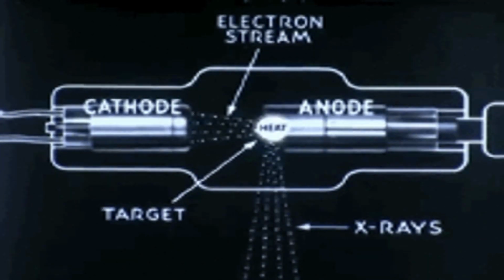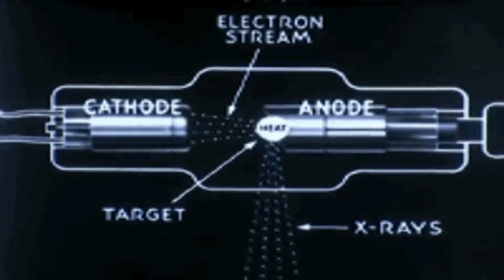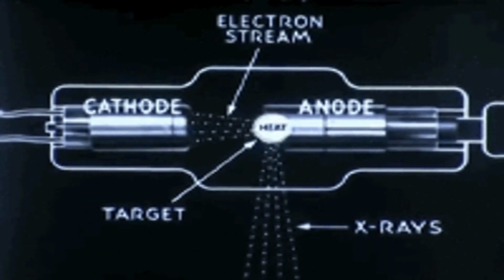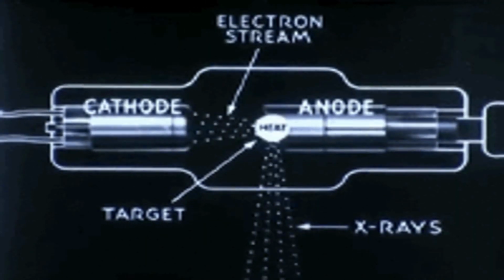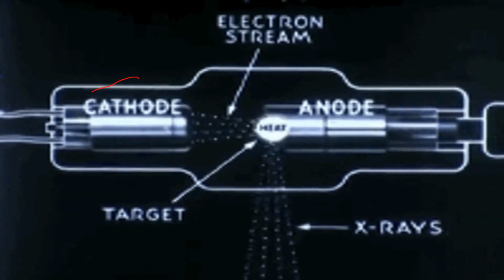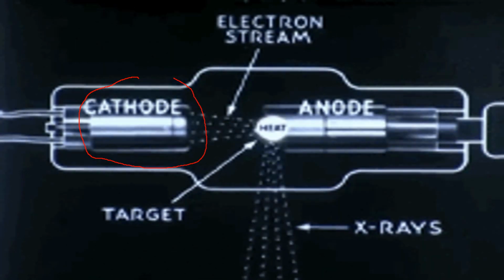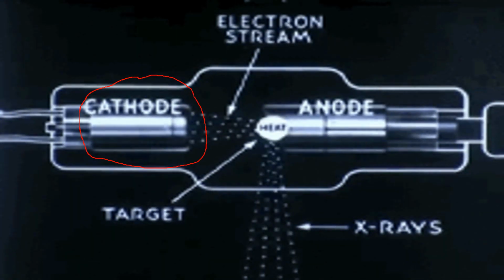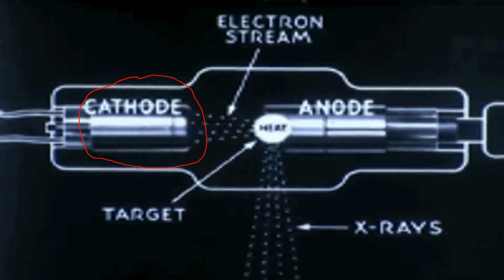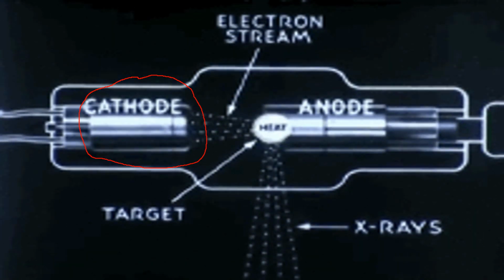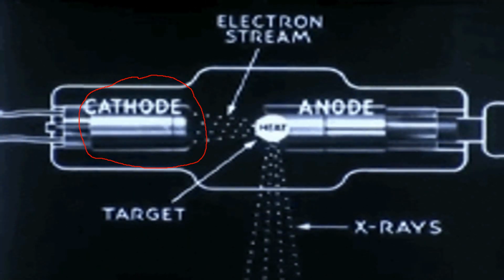Now let us explain the X-ray tube schematic diagram in a brief way. Basically, the X-ray tube consists of a cathode. Okay, this is a schematic representation of a cathode. Student, the cathode is an electrode from which electrons are generated.